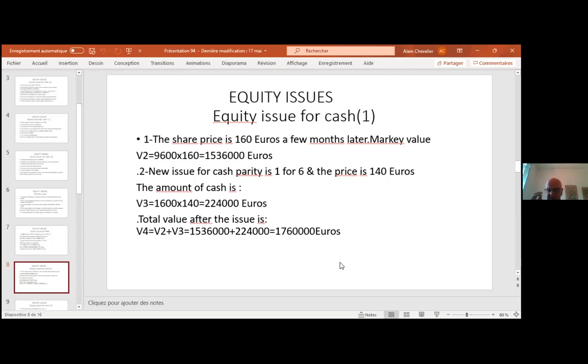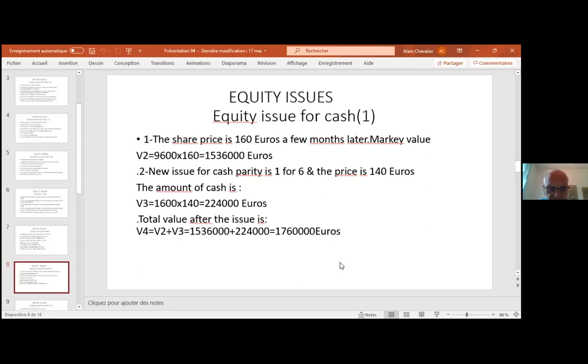So, taking into account only these elements of calculation, what is the market value of the company afterwards? It's equal to V4 here, which is the total of the value before, which we have already calculated using the last market price, plus the amount of cash which is brought to the company.